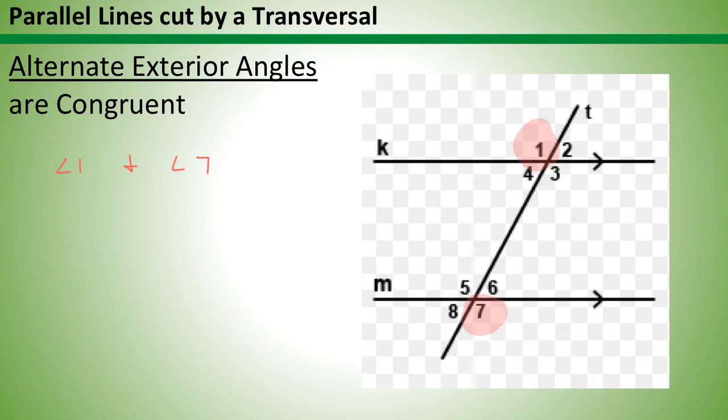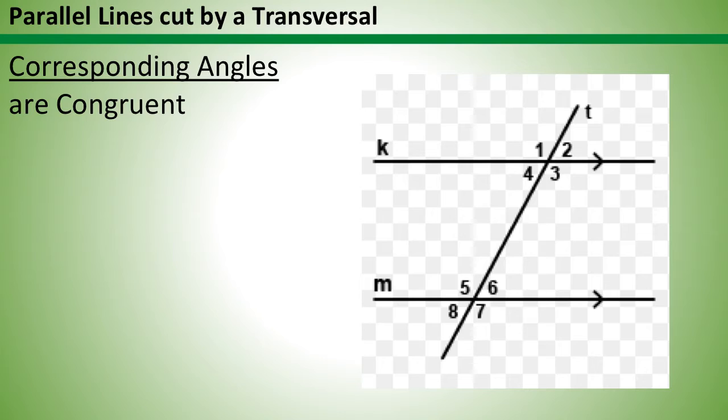Another pair of alternate exterior angles would be angle 2 and angle 8. You should be able to identify angles that are alternate exterior, and you should know that they are always congruent. So 1 is the same as 7, and 2 is the same as 8.